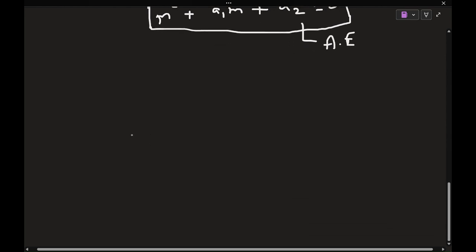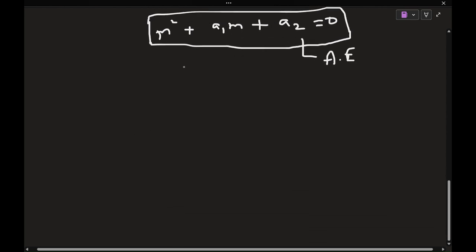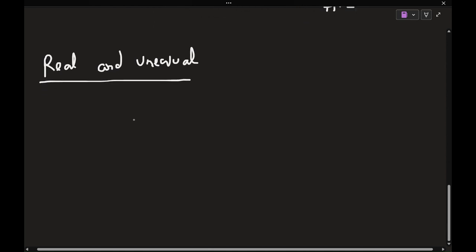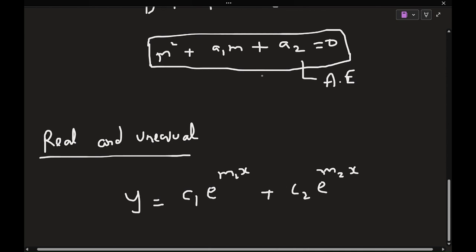So now I have three types of solution. One is when my roots are real and unequal. When my roots are real and unequal, my solution will be y equals c1 e power m1x plus c2 e power m2x, where m1 and m2 are roots of this equation.